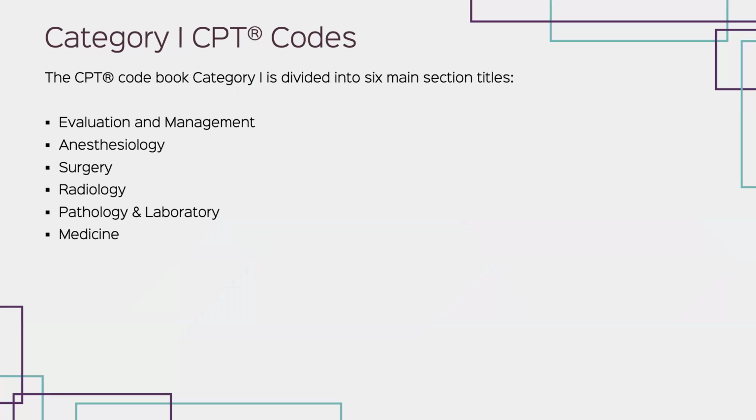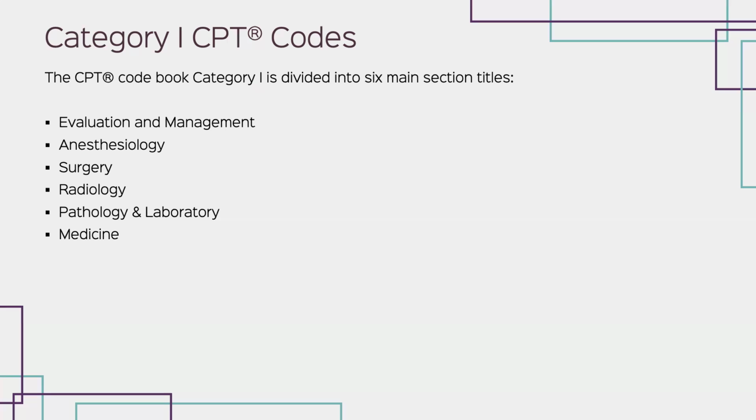So our category 1 codes, again, those are going to be 5-digit numerical codes such as 12345, 99213, and so on and so forth. These are going to be the codes that you will use most often as a coder for reporting your medical visits, any services, any tests, or any procedures that are provided by the physician or those other qualified healthcare professionals, such as your nurse practitioners and your physician's assistants.